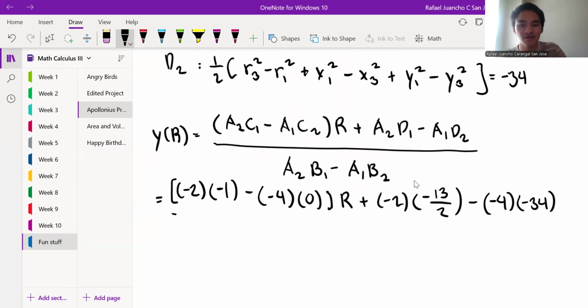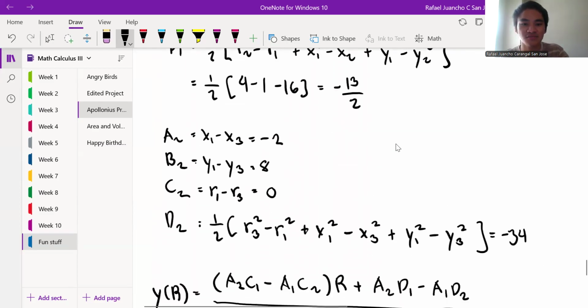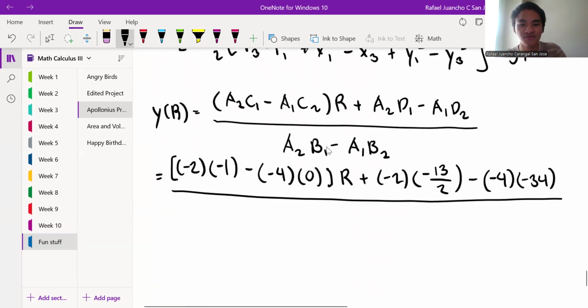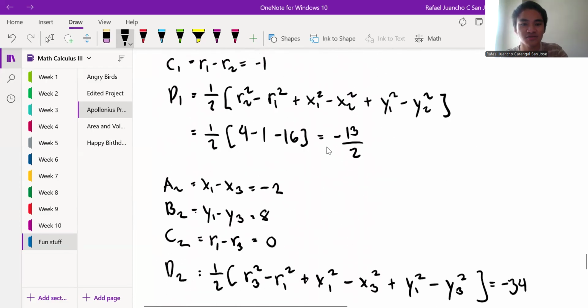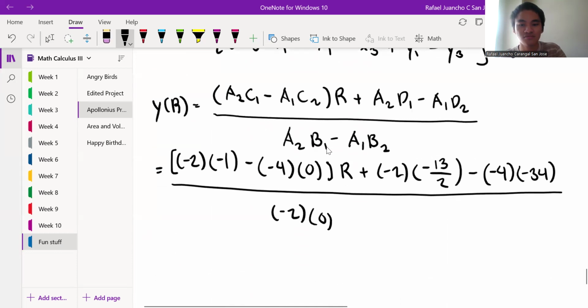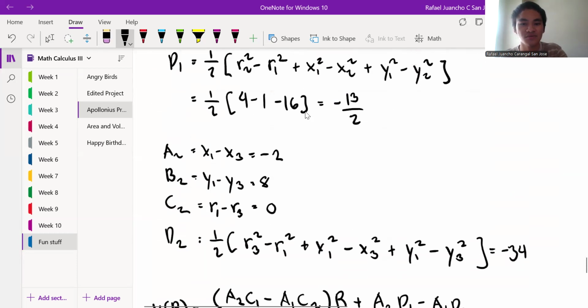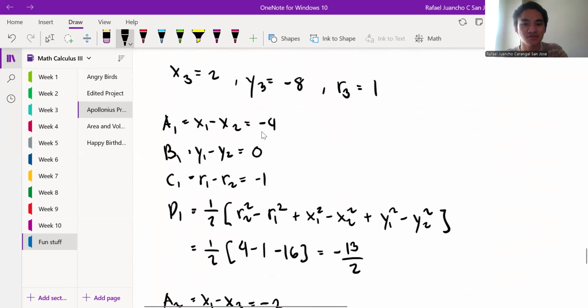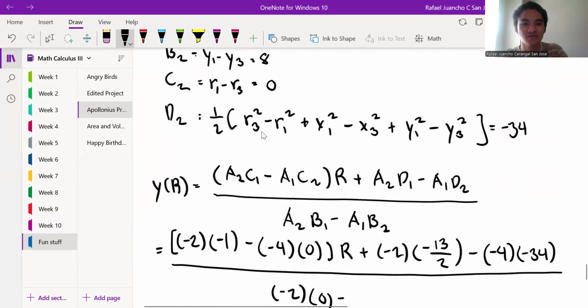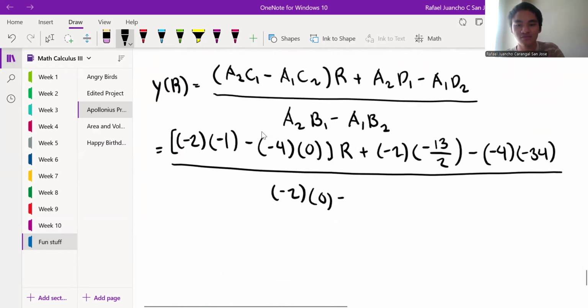There we go. And then I divide all of that by A2B1 minus A1B2. So -2, B1 is 0, minus A1B2. A1B2 is -4, 8. Okay.